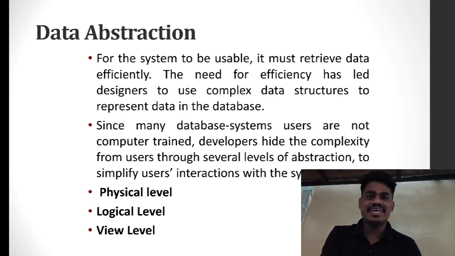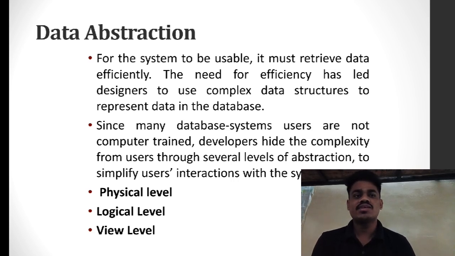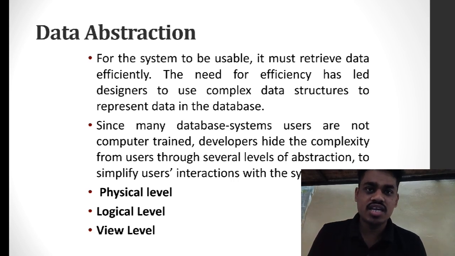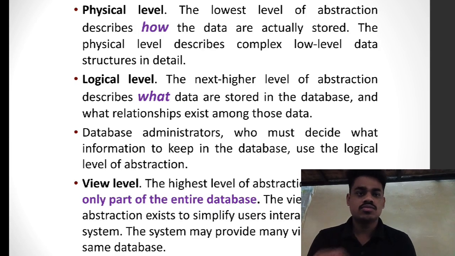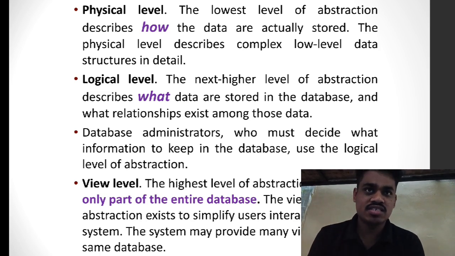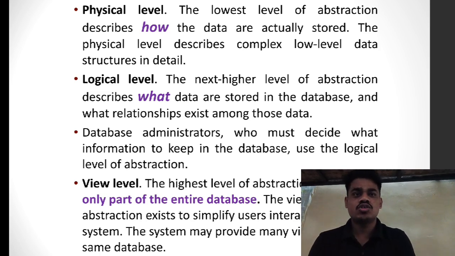Now let's see the data abstraction. For the system to be usable, it must retrieve data efficiently. The need of efficiency has led designers to use complex data structures to represent data in the database. Here are three levels: physical level, logical level, and view level. Physical level, the lowest level of abstraction, describes how the data is actually stored.